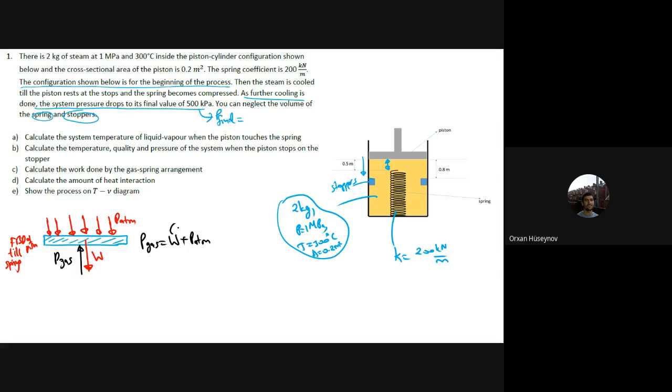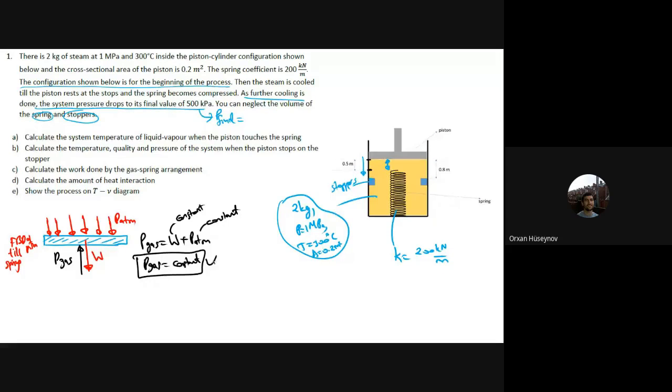W of the piston is constant, PATM is constant, and the P gas is constant. What this means is that as the dimensions change from the initial point to the next point, the pressure remains constant. It doesn't change.